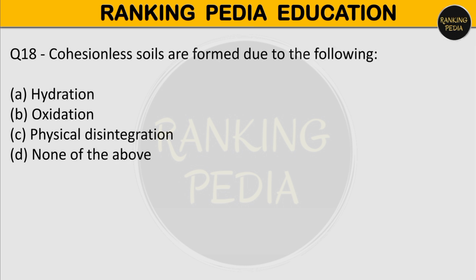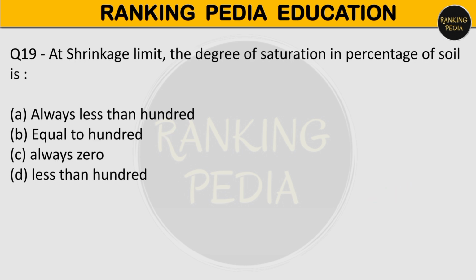Okay. Next question is, at shrinkage limit the degree of saturation in percentage of soil is, your options are always less than 100, equal to 100, always 0, or less than 100. So at the shrinkage limit the degree of saturation in percentage of soil is equal to 100.